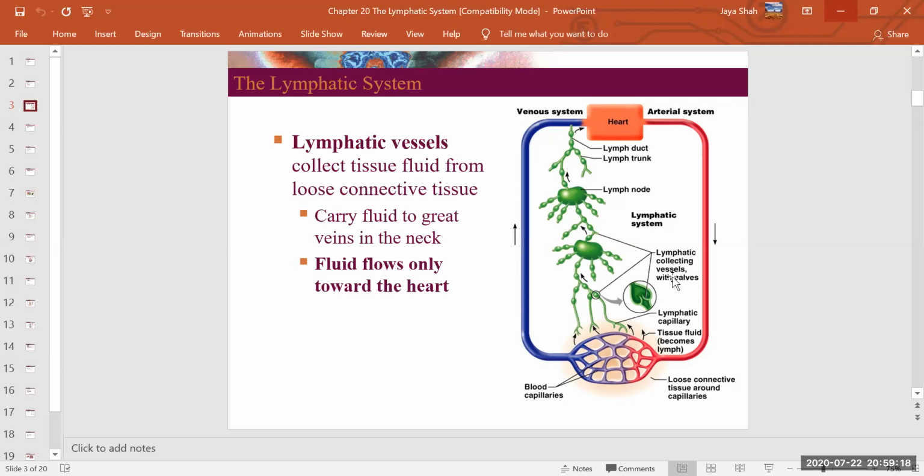But the amount capillaries lose will not be received back in the same amount. That means they lose slightly more, and that amount of fluid and some other components remain in the tissue.